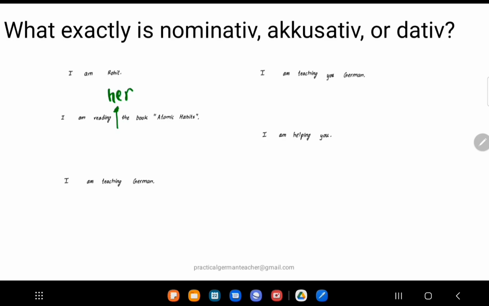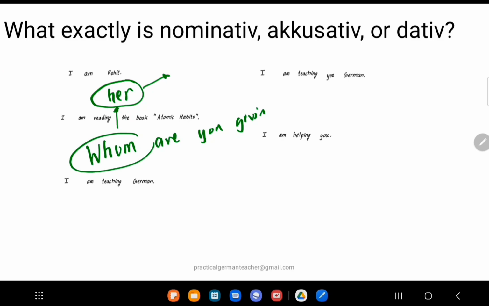So I am giving her the book Atomic Habits. Now if you have to ask a question with respect to this, you cannot ask who or what, right? You will have to ask whom are you giving the book Atomic Habits. Again whom, so this one will be in dative case.